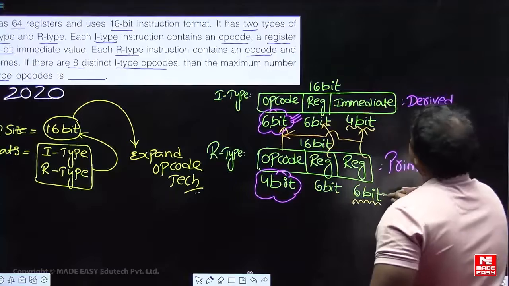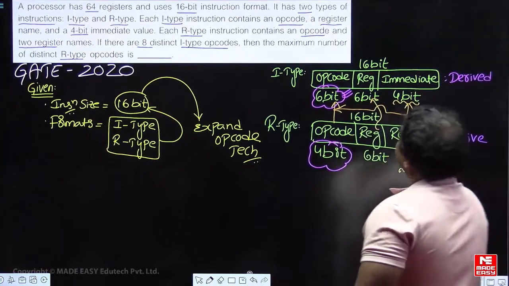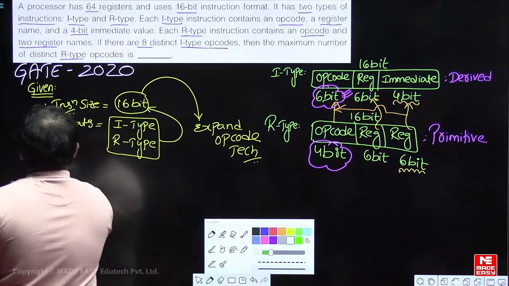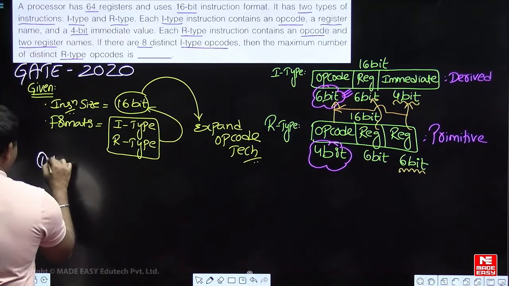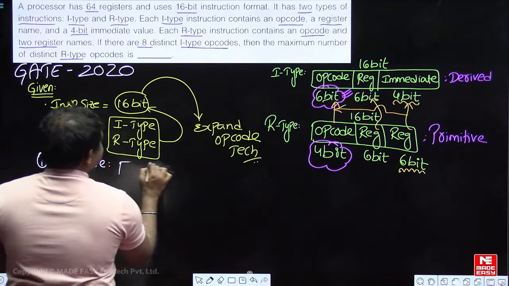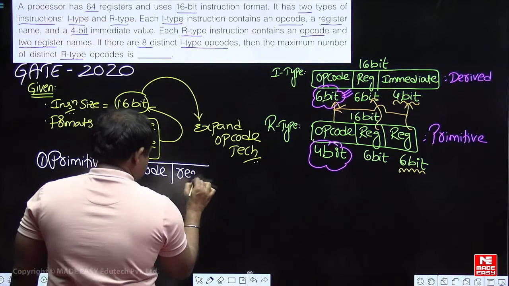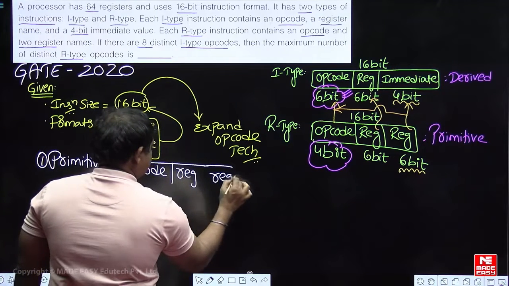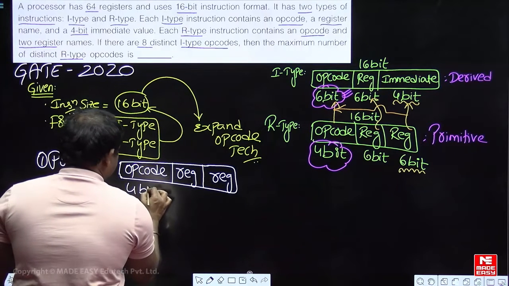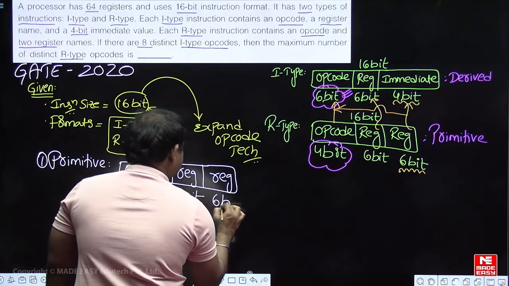So follow this procedure to solve the question. First we take the primitive format and apply the steps. Step 1: the primitive format is opcode, register and register. The size of the opcode is 4 bit, register 6 bit, again 6 bit.